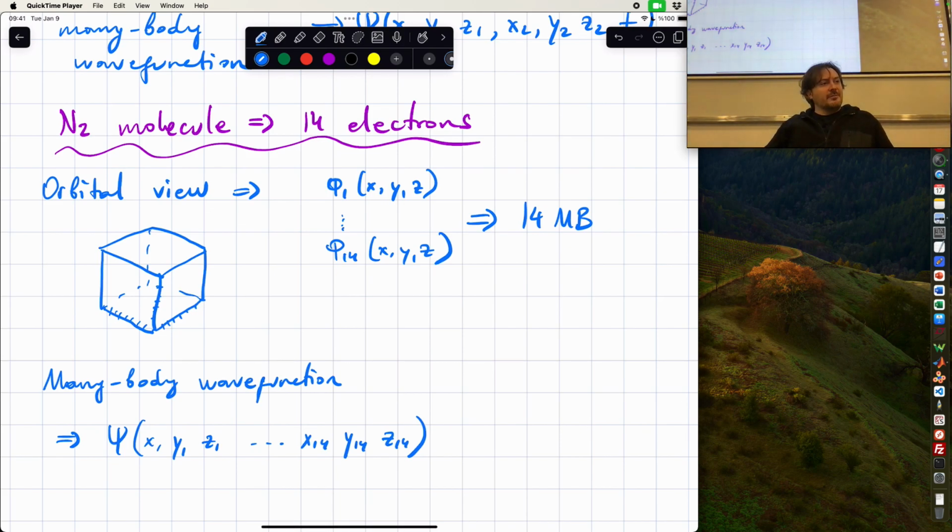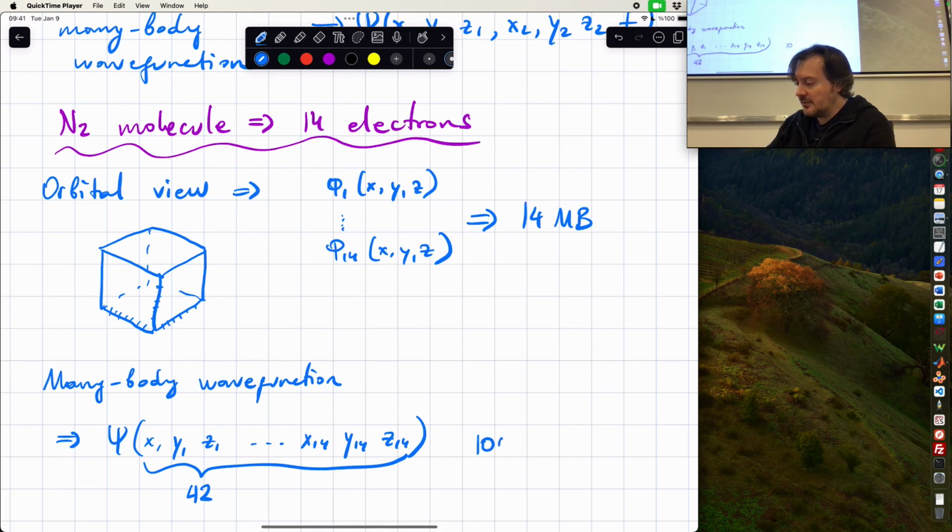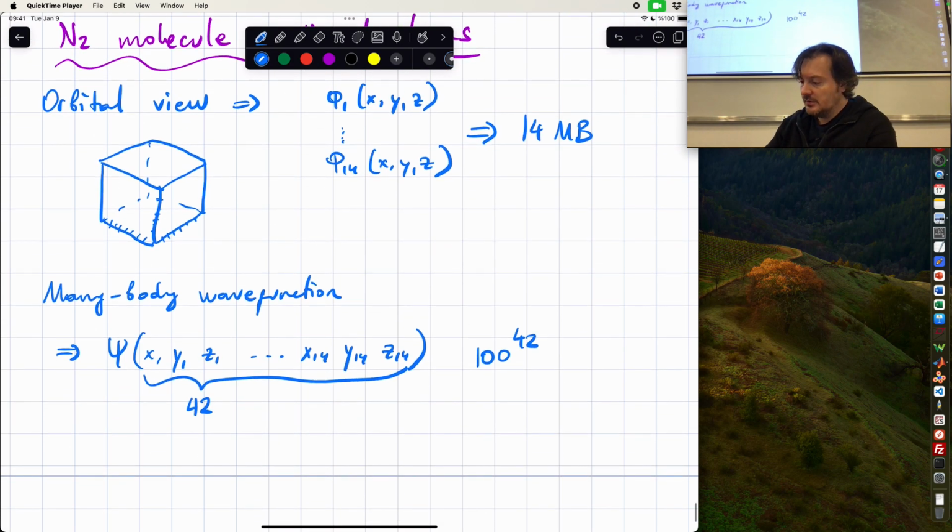So it's a tensor of 100 by 100 by 100 by 100 by 100 by 100, up until how many coordinates you have here? 42, right? So how much space do we need? We need 100 to the power of 42. Okay, 10 to the 84. So it doesn't fit in the universe.